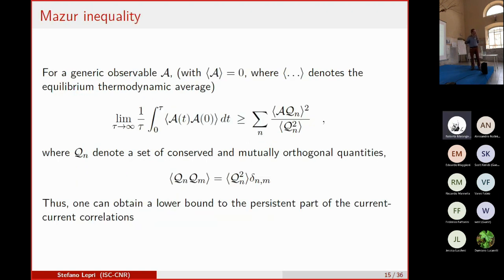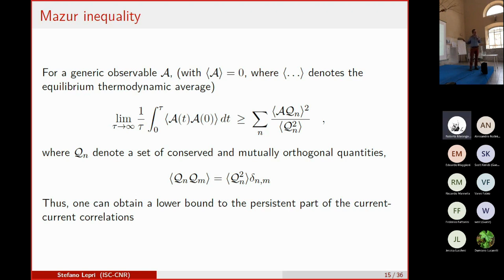There is a way to study this, based on what is called the Mazur inequality. I won't enter into this, but the idea is that you can estimate a lower bound for this Drude weight by computing the static correlation between the current and the conserved quantities.